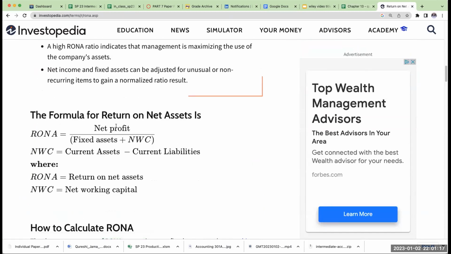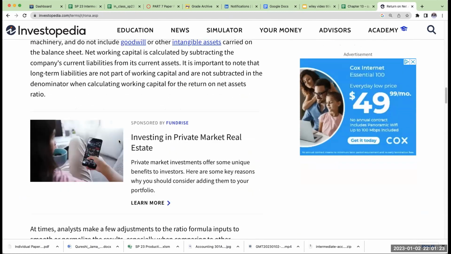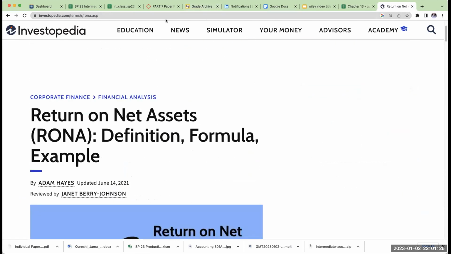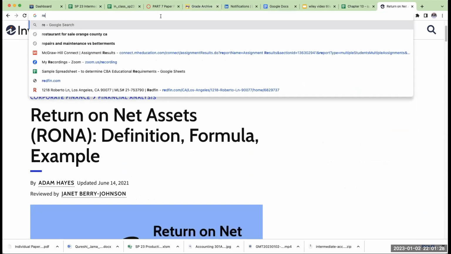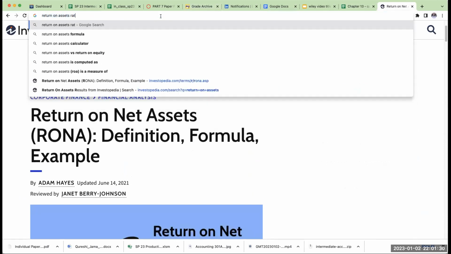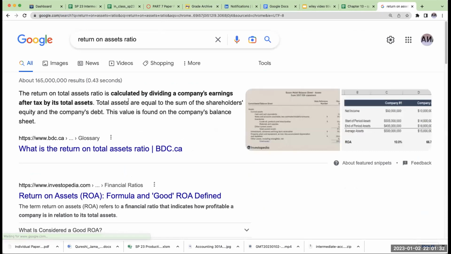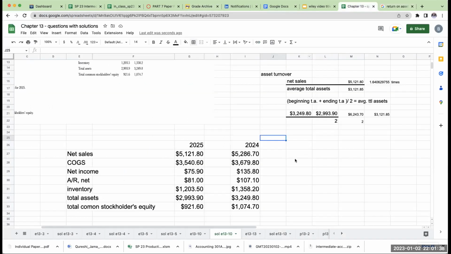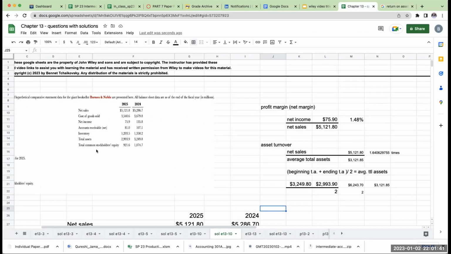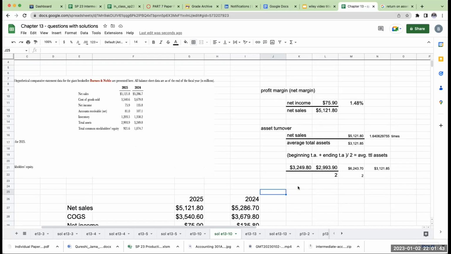Return on net assets is your net profit, sounds right, divided by... return on assets, hold on. This might be fancier. Company's earnings after tax by its total assets. Okay. So the earnings of the company, it says like here, the net income.